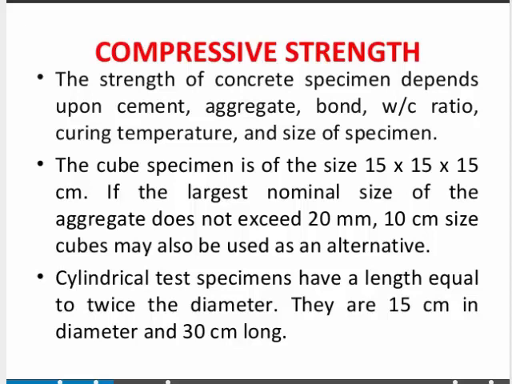After that, the specimens are tested by the compression testing machine. After 7 days or 28 days of curing, load should be applied gradually at the rate of 140 kg per centimeter square per minute till the specimen fails. Load at failure divided by the area of the specimen gives the compressive strength of the concrete. So this is the general idea of how we obtain the compressive strength of the concrete.